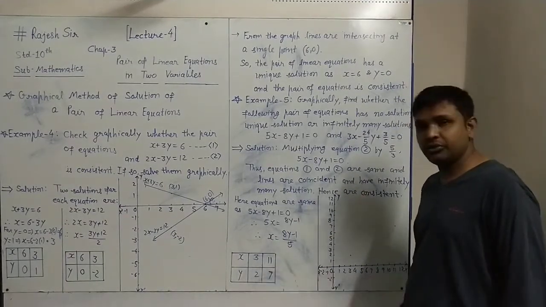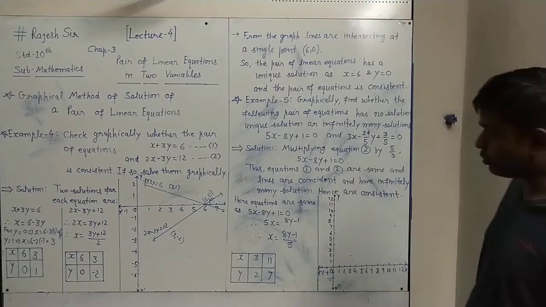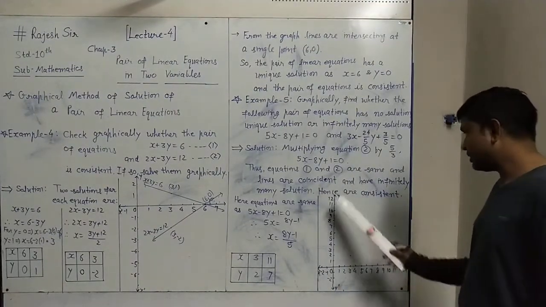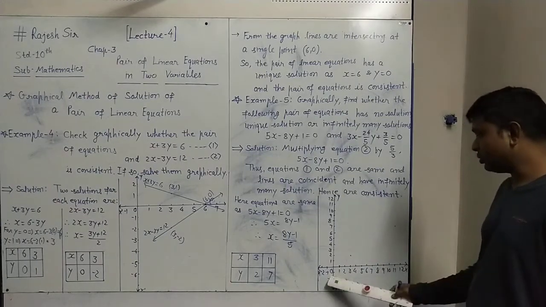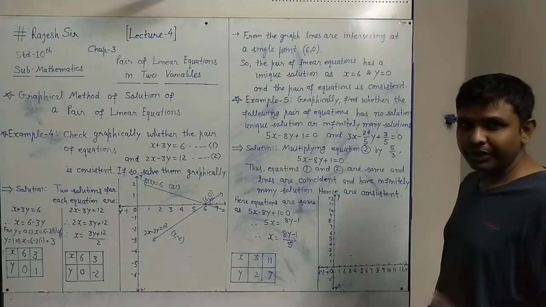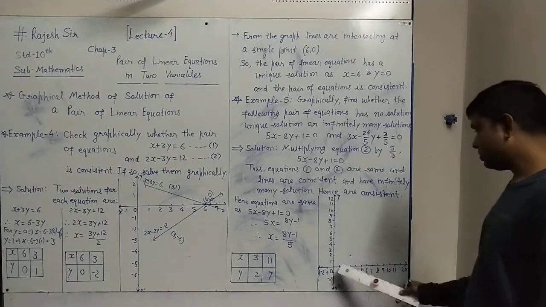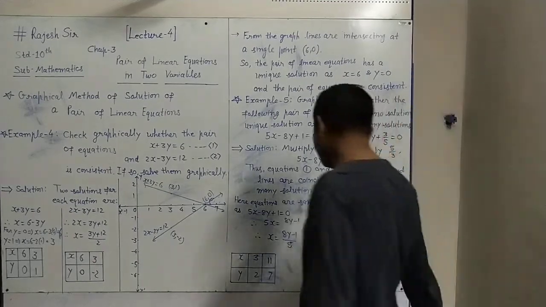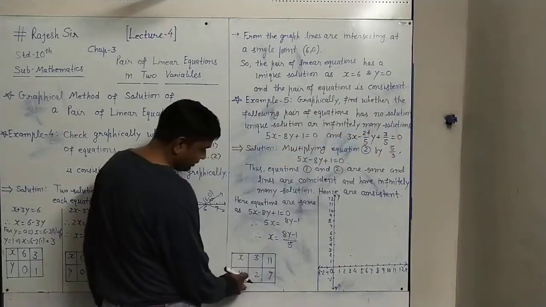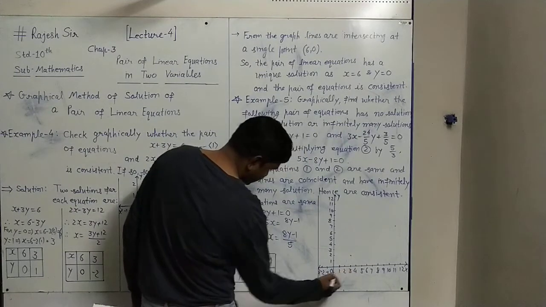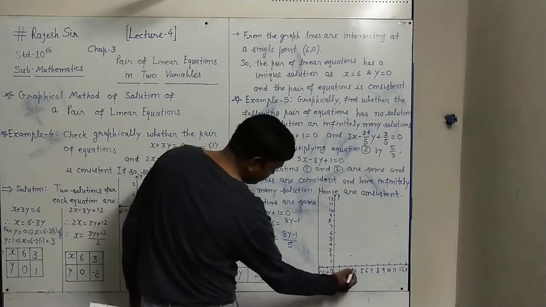Using these two solutions we will show this line on the graph. As here we have shown, the x-axis and y-axis intersect each other at the origin, and 1 centimeter equals 2 units is taken, so small units are given. The first point is (3, 2): 3 on the x-axis and 2 distance on the y-axis.